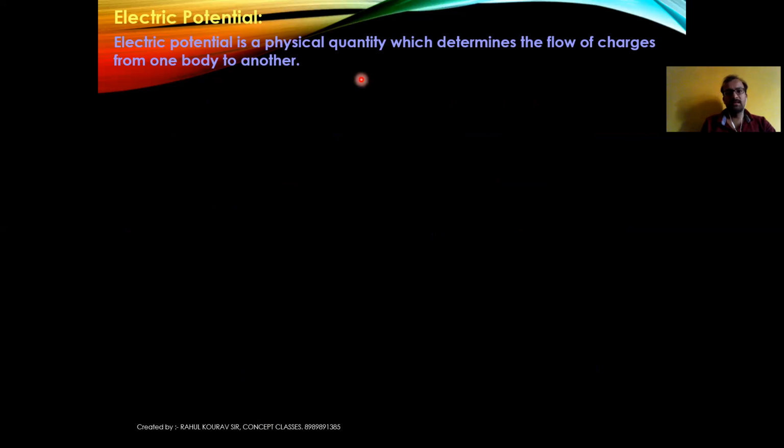Electric potential is a physical quantity which determines the flow of charge from one body to another body. I'm giving just a small example. If you go to fill air in the tire of your bicycle or your car, there is a tire shop with an air compressor, right?